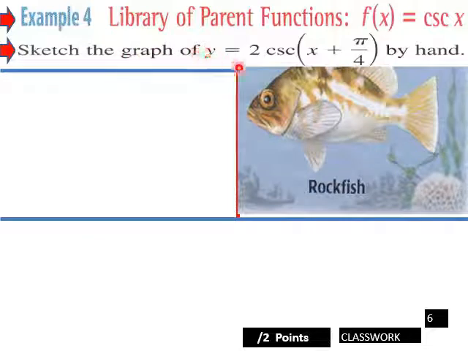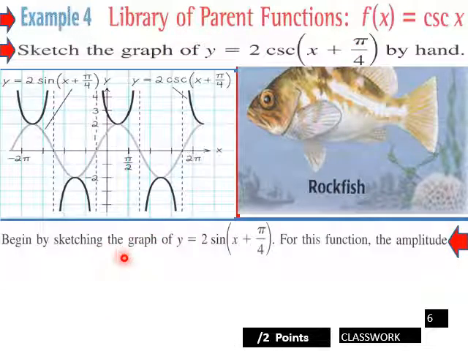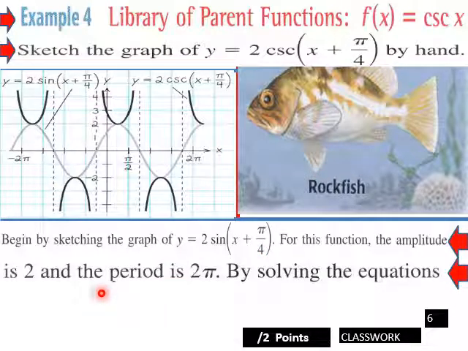Sketch the graph of y equals 2 cosecant quantity x plus pi over 4 by hand. So by sketching a graph of y equals 2 sine x plus pi over 4 for this function, the amplitude is 2 and the period is 2 pi.